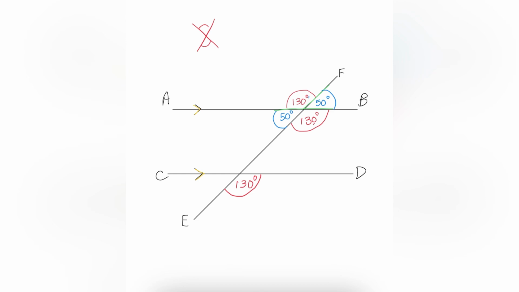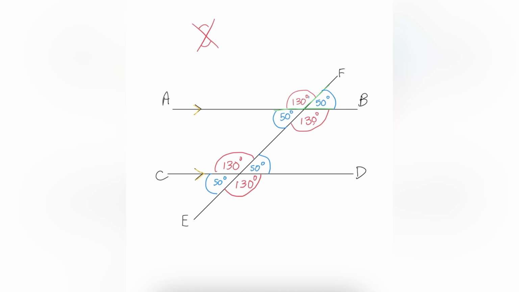And of course, the angle opposite that will be 130 degrees as well. And we know that 130 plus 50 on a straight line will make up the 180 degrees, and the angle opposite, the angle 50, would also be the same 50 degrees, right? So this is how you could figure out all the different angles between the transversal and the parallel lines, right?